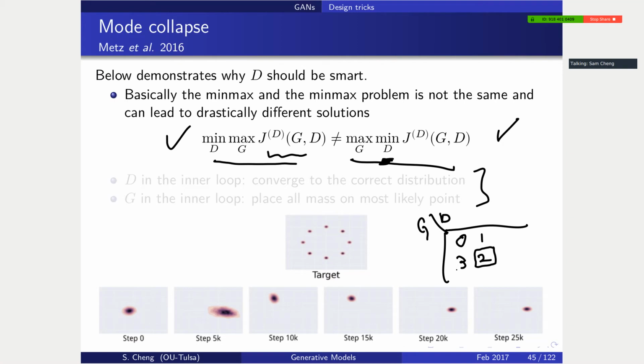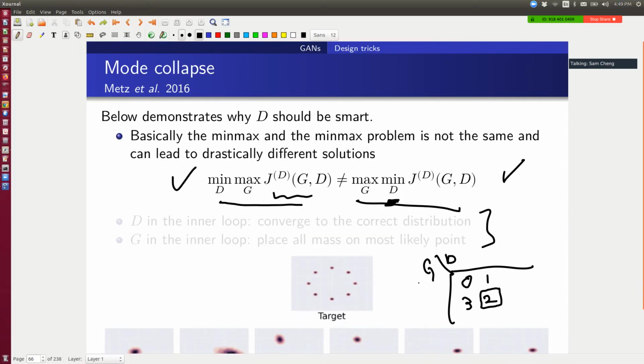If I'm going to do maximization first, I will maximize, then minimize. I end up here. Oh, okay. I'm kind of even confusing myself.